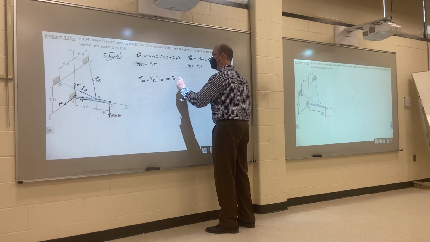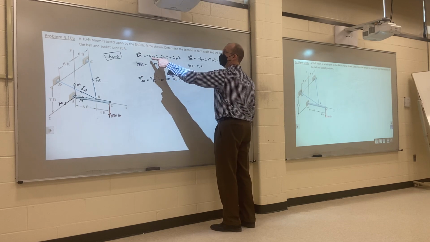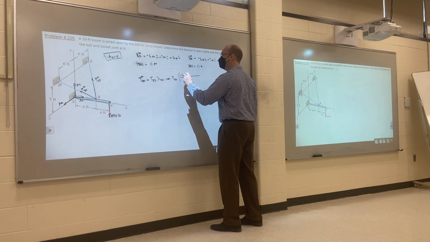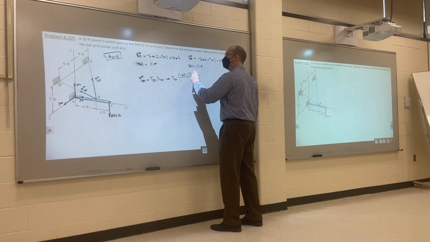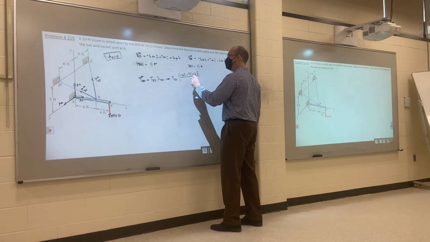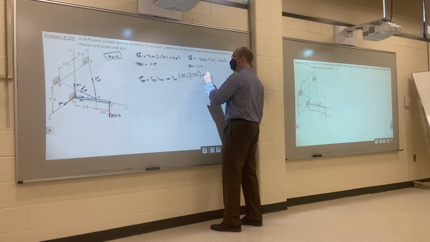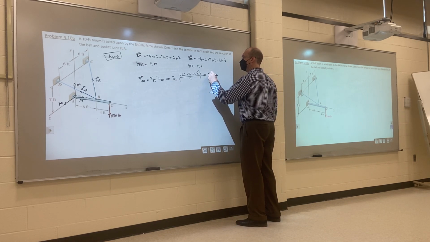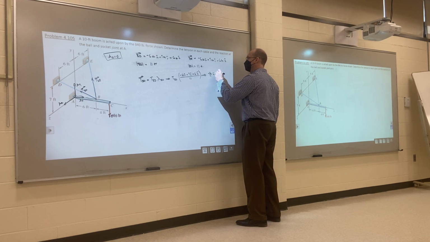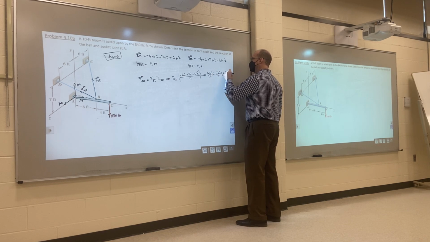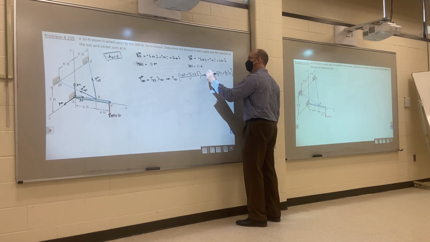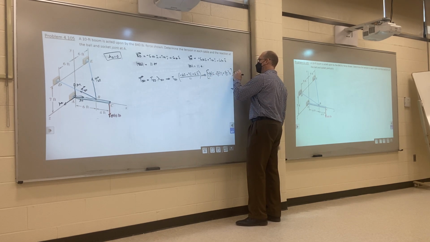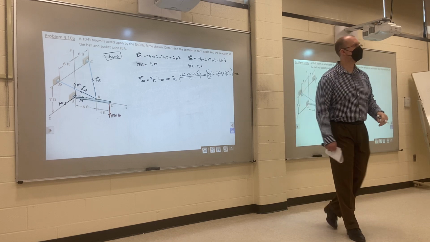So we leave that in terms of TBD, and we write out the unit vector. Negative 6i plus 7j plus 6k hat, all over 11. So its unit vector, rectangular components, is just negative 6/11ths i plus 7/11ths j plus 6/11ths k hat. And it's the product of its scalar, TBD.